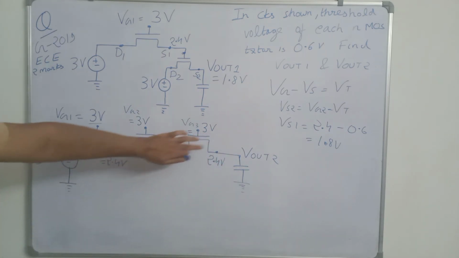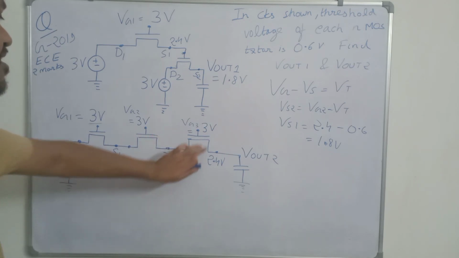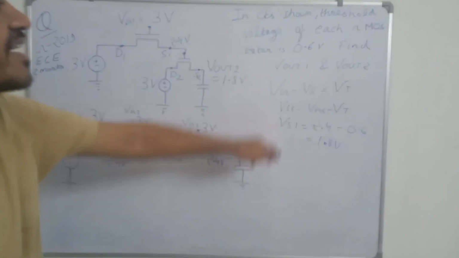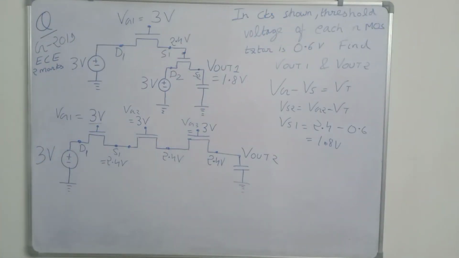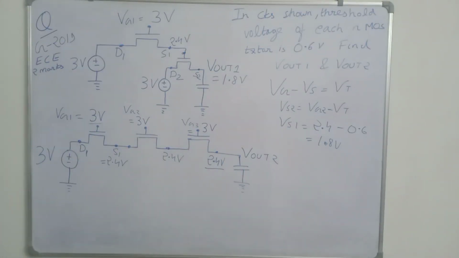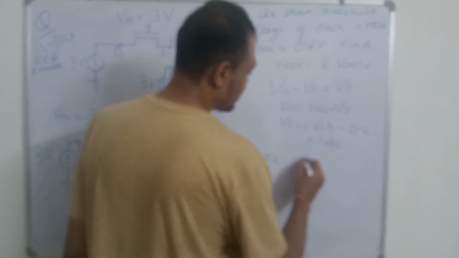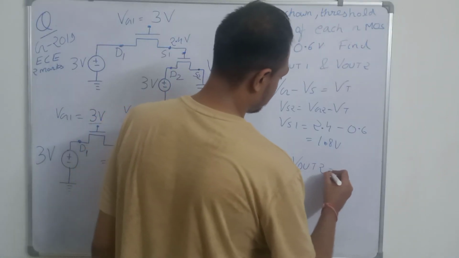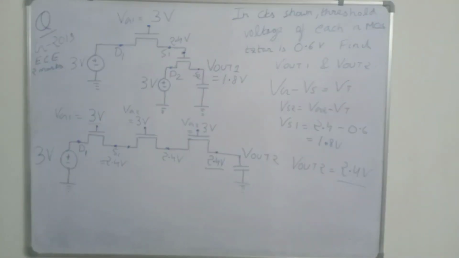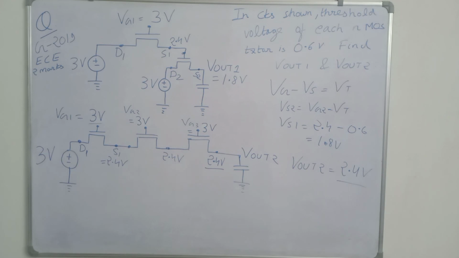In this figure we don't even have to find these source voltages, because the gate voltage is given to us as 3 volt, so we directly subtract Vg minus Vt. So this is the source terminal, so the voltage will be 3 minus 0.6 volt, so it will be equal to 2.4 volt. So Vout2 is equal to 2.4 volt.